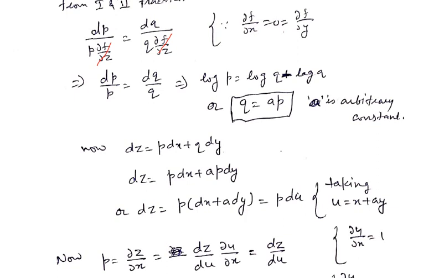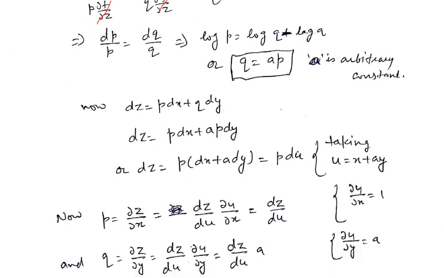So if we want to calculate p, which is del z upon del x, it will be dz upon du into del u upon del x. There is only a single independent variable now, so dz over du, but u is a function of two variables x and y, so del u over del x. So p equals dz upon du into del u upon del x.